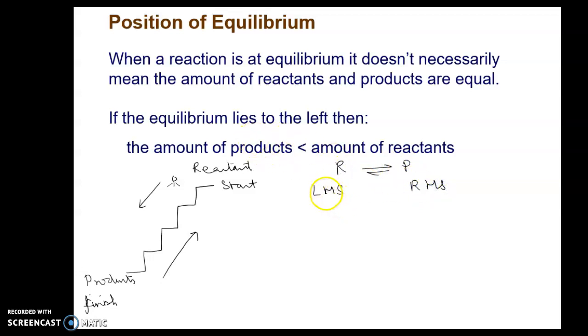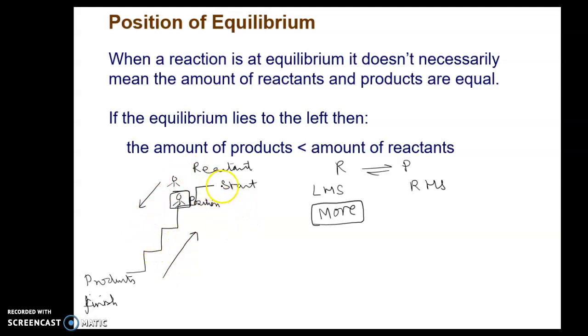If the equilibrium lies to the left-hand side, that means you've got more of the reactants. That means when the person was running down, they couldn't run down faster, so they remained in the same position at a step which was closer to the start. At this point, the number of steps going up became equal to the number of steps taken by the person to move down.